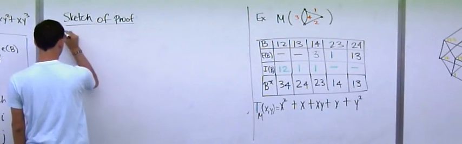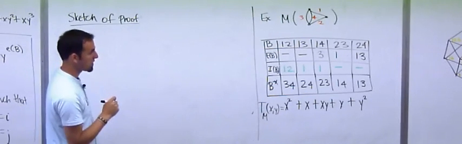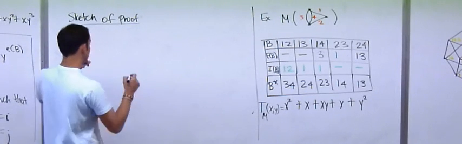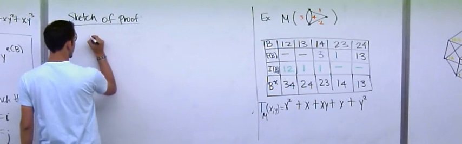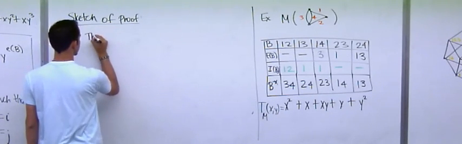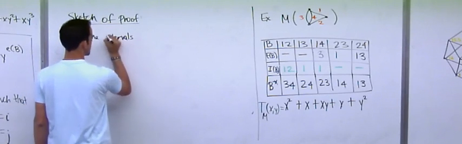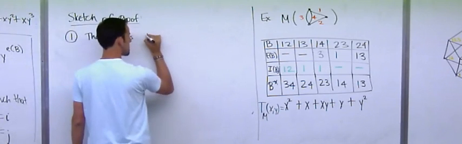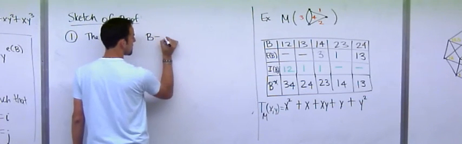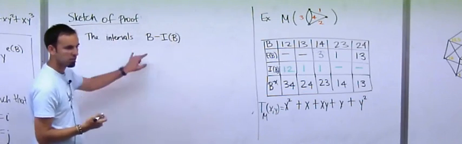There's basically two observations that we're going to make. The first observation says this. For each basis, consider this interval. So for each basis, you're going to delete the internally active elements, and then you get some set.